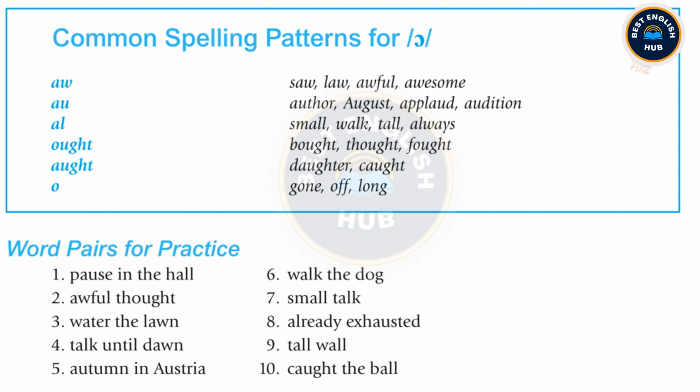The common spelling patterns for this sound include AW, as in saw, law, awful, and awesome; AU, as in author, August, applaud, audition; A plus L, as in small, walk, tall, always; OUGHT, as in bought, thought, fought; AUGHT, as in daughter, caught; and sometimes the letter O, as in gone, off, and long.